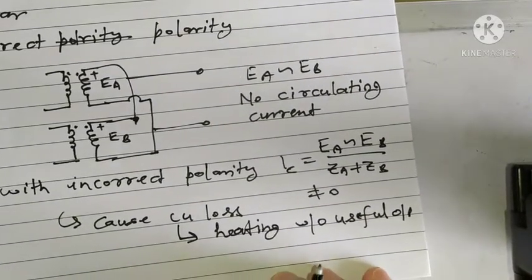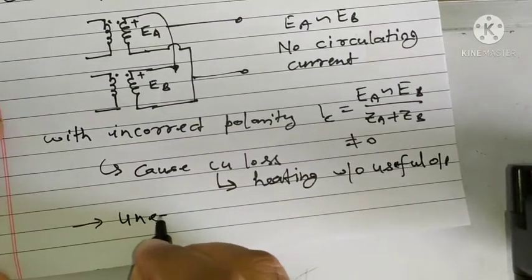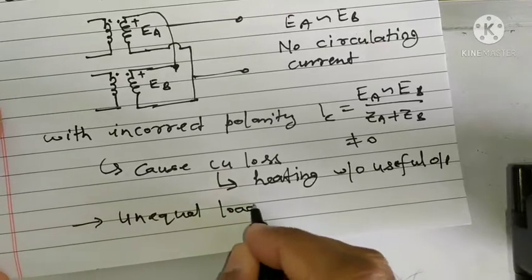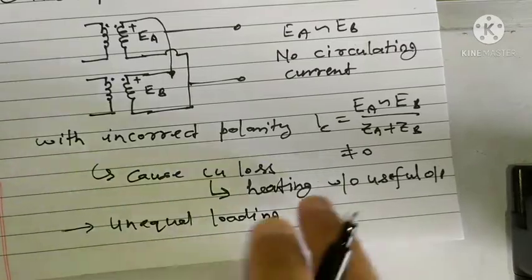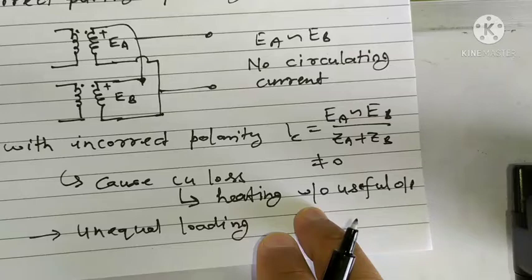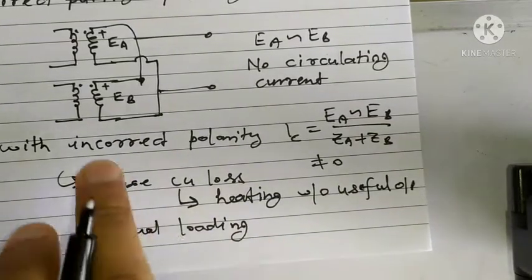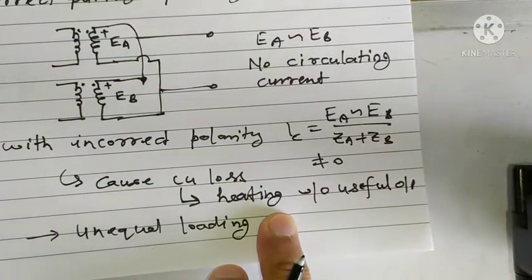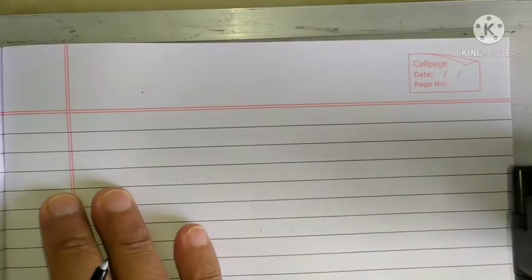It will also lead to unequal loading. So if I connect transformers with wrong polarity, there will be circulating current causing copper loss and heating with no useful output, and transformer A and transformer B will be loaded unequally, and they will not share load according to their capacity.